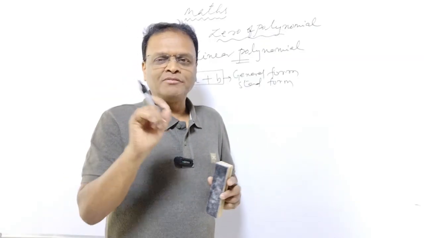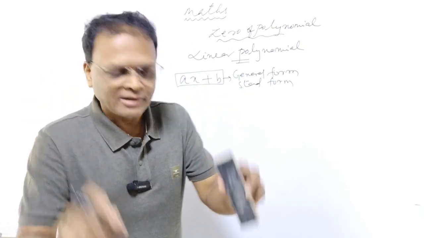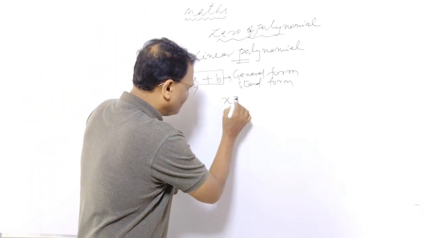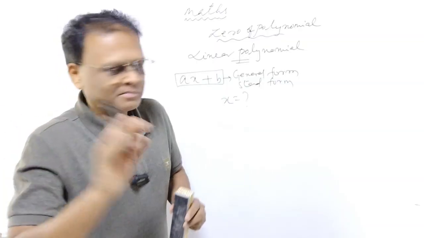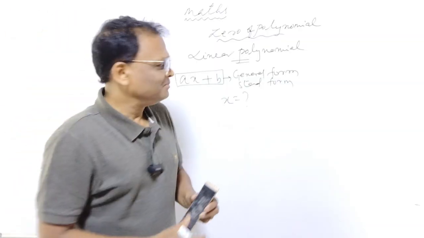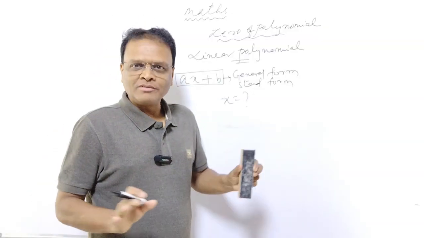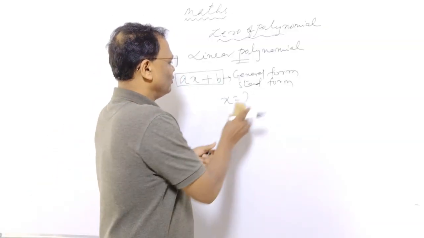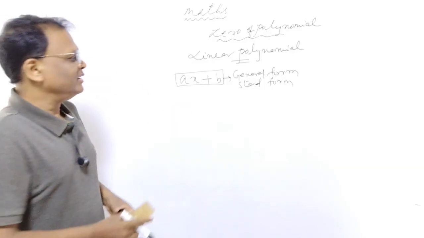Whenever he asks to find the 0 of the polynomial, what are you to find? The x value. Find the 0 of the polynomial means keep in your mind that you are going to find the x value. That's all. Now let me find the 0 of this standard form of the linear polynomial.